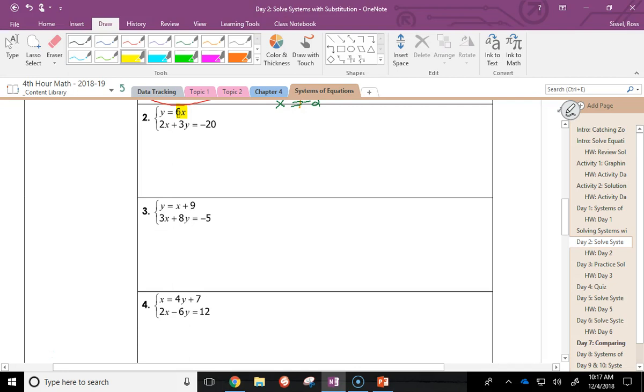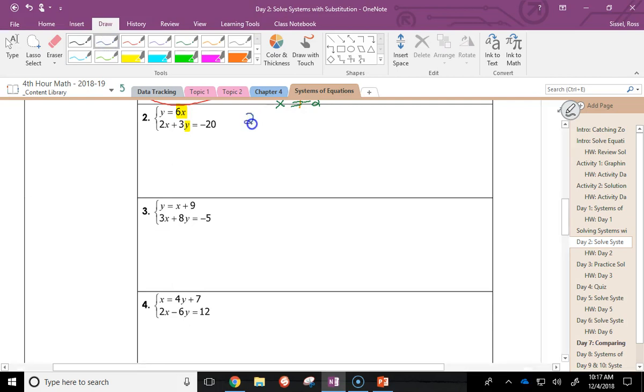Every y is 6x. So I'm going to go to my second equation, and there's that y. I'm going to substitute my 6x, because I said y is 6x, so I'm going to substitute that in for y.